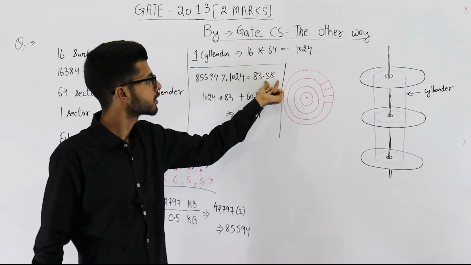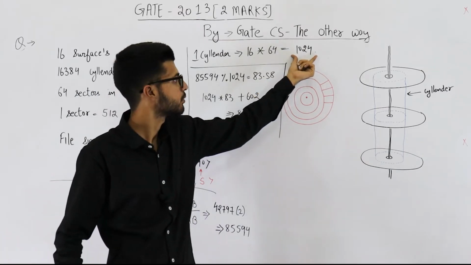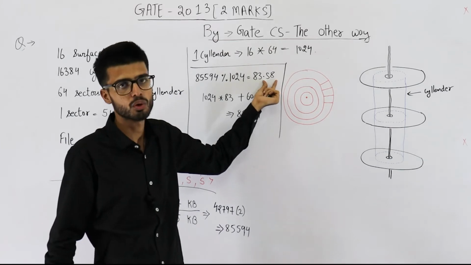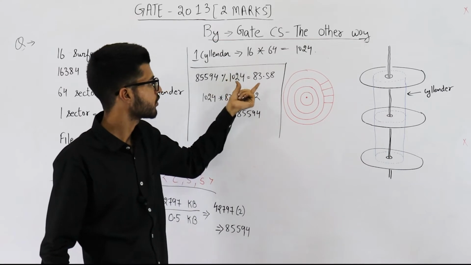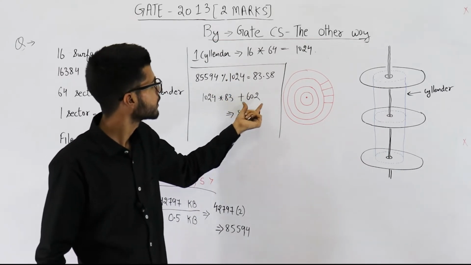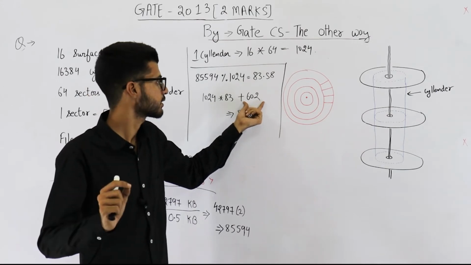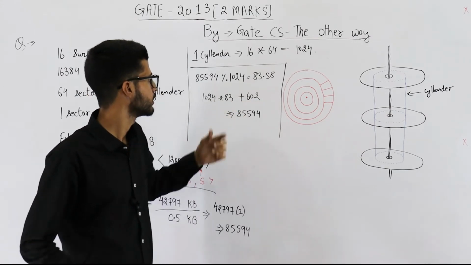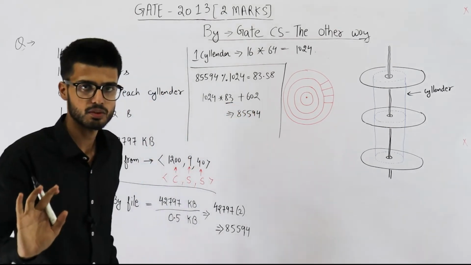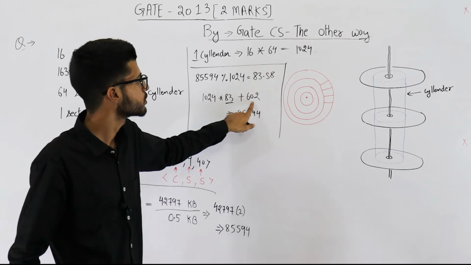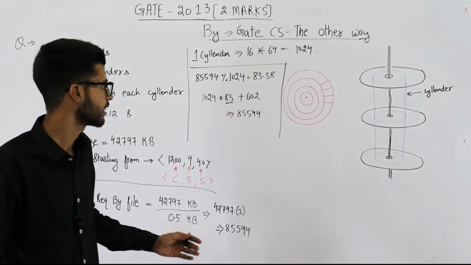And the 84th group will not contain that many sectors. A few sectors will be left that will be put into the 84th cylinder. How many are they? If you perform this division, you'll get remainder equal to 602. So 602 sectors will be left. 1024 into 83, 83 complete cylinders will be filled, and 602 sectors will be left. That will be a part of the 84th cylinder.